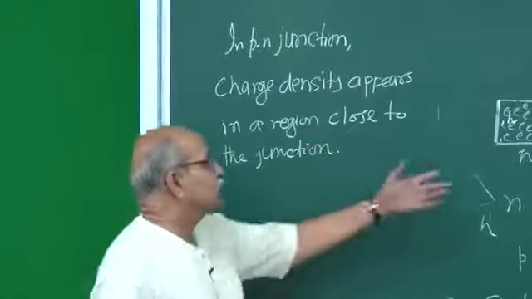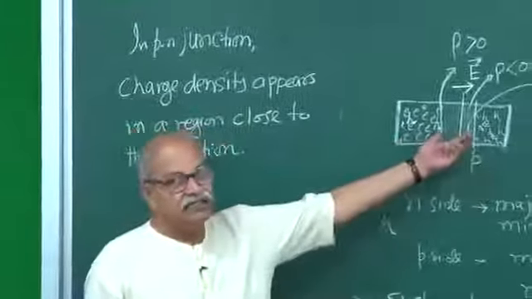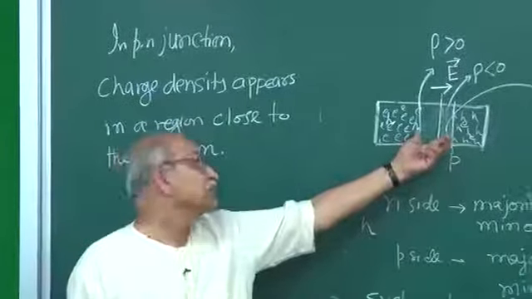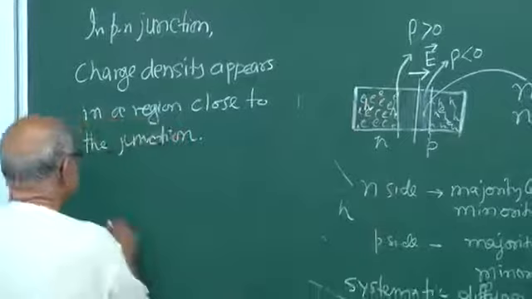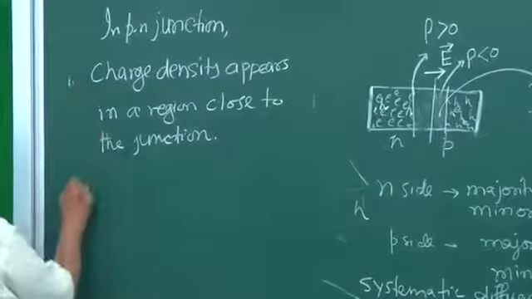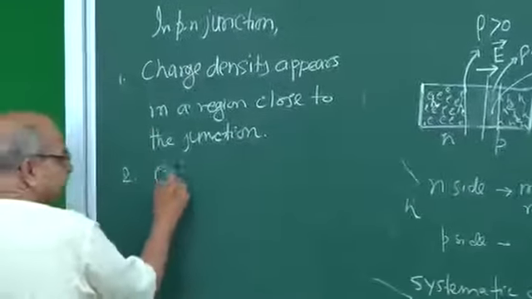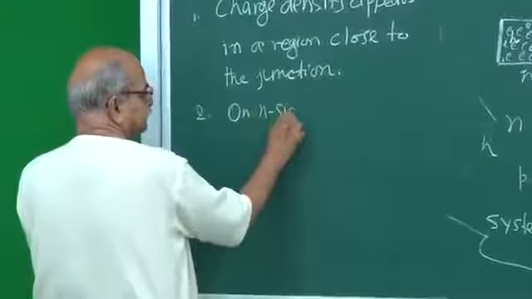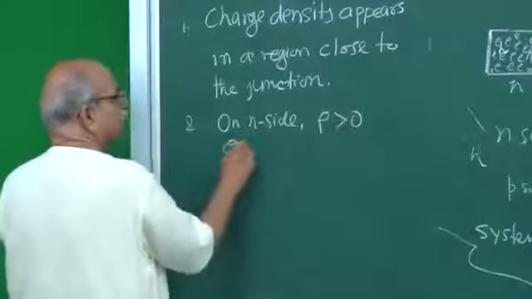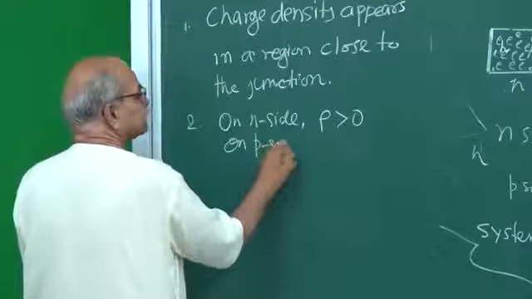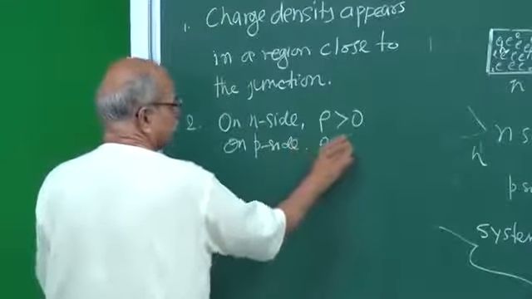Right. So close to the junction, there is a region in which charge density appears. On the n side, you have positive charge density. So on the n side, rho is positive, and on the p side, rho is negative.